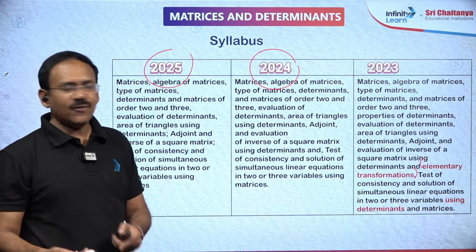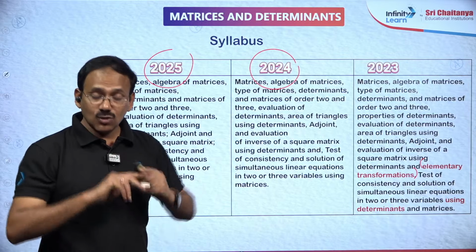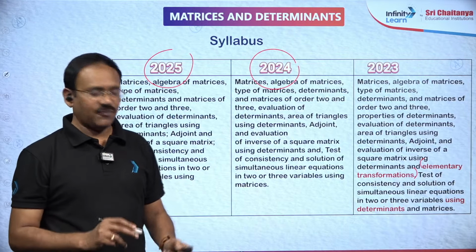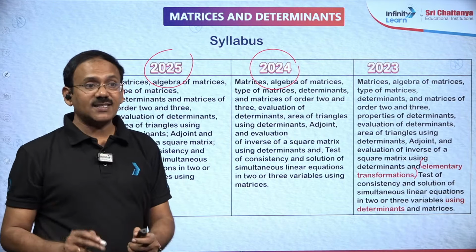That is the only difference from 23 to 24. From 24 to 25, no difference. Still, I will give you certain insights at the end of the session. You just keep on following me.